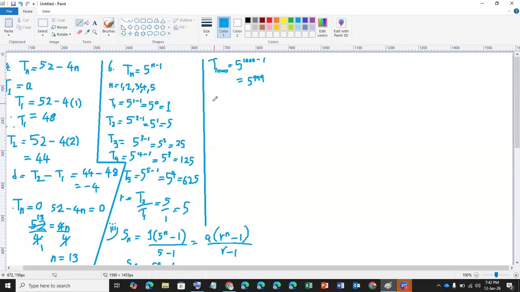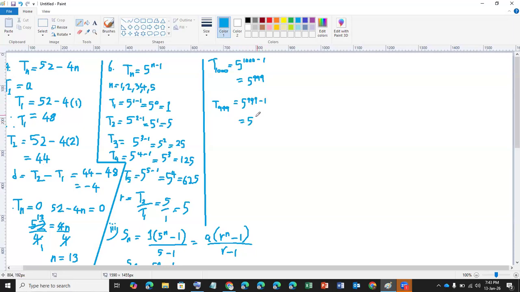Okay, then T999. This guy is going to be what? 5 raised to the power of 999 minus 1, which is 998. So that's going to be now.